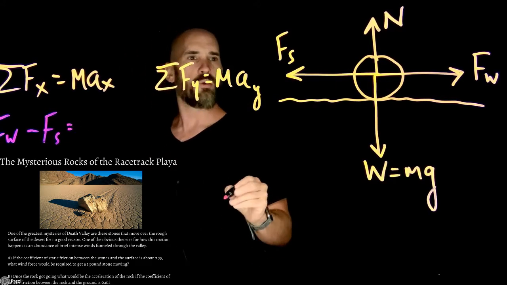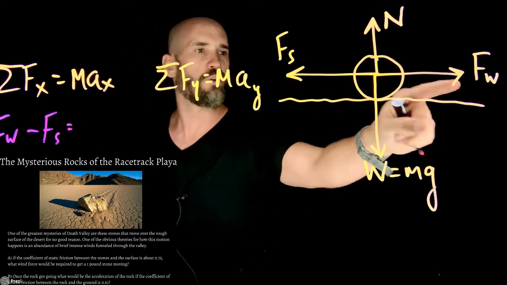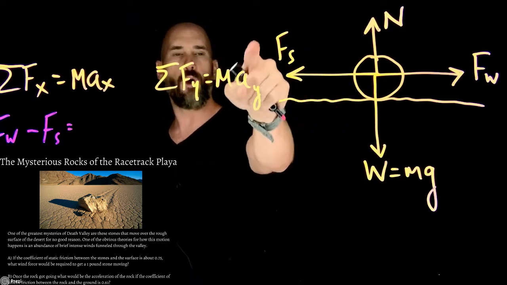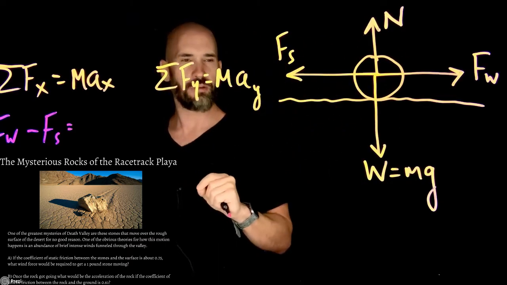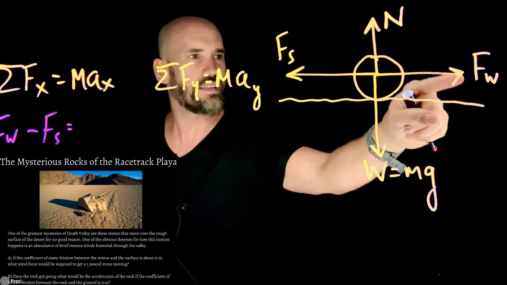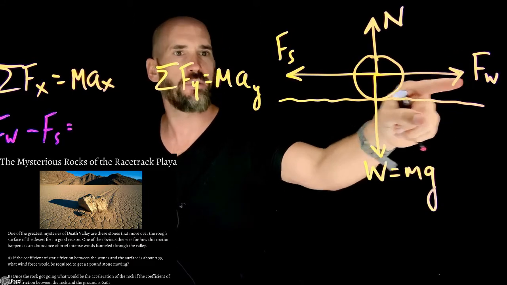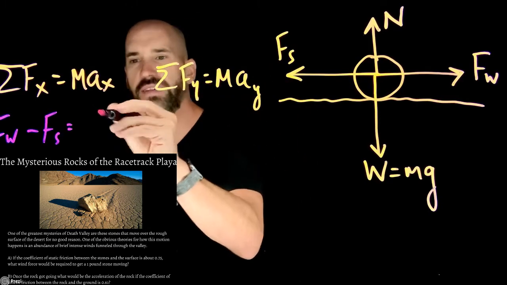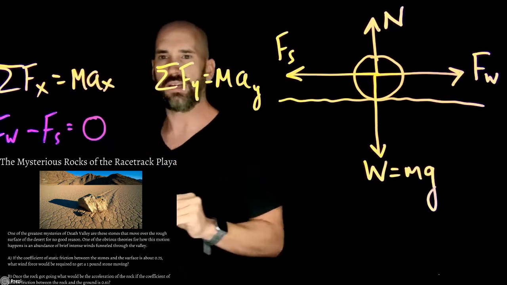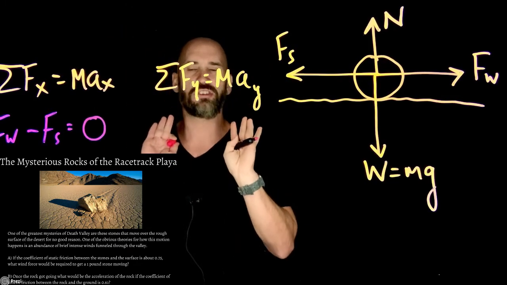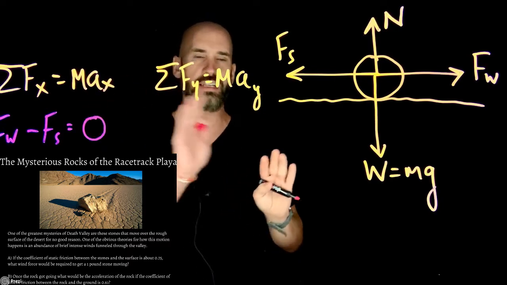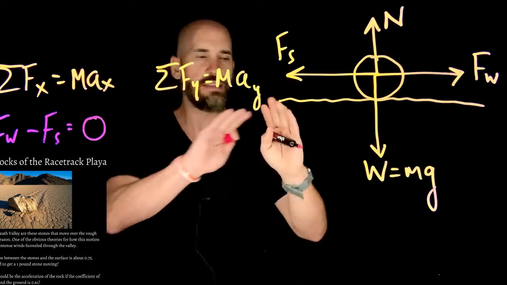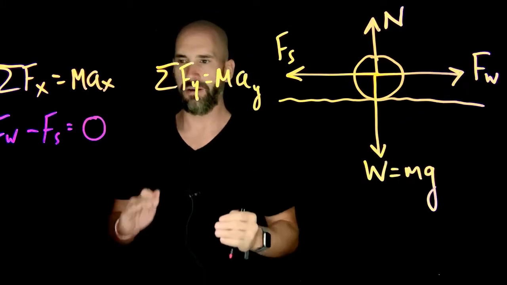And so we want the wind force just necessary to overcome the maximum static friction, right? So what is basically the F wind so that it equals Fs, right? And if those guys are equal, this is just going to be zero, right? We want to find out just the very minimum wind force to get this going, okay? And in that case, they're going to be balanced, all right?